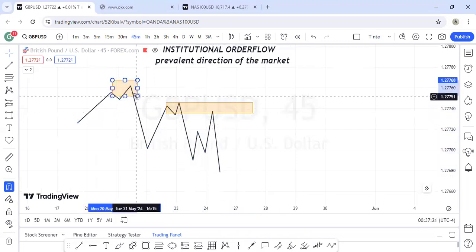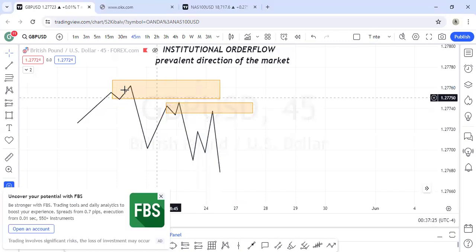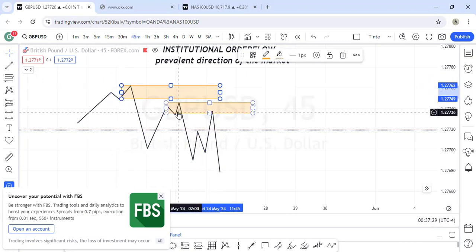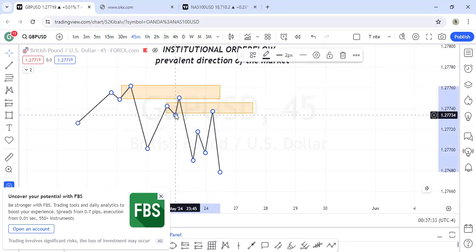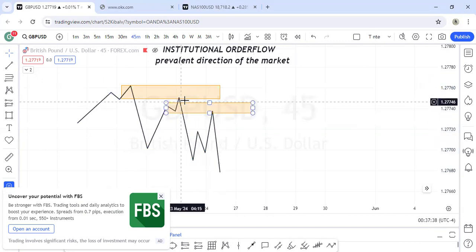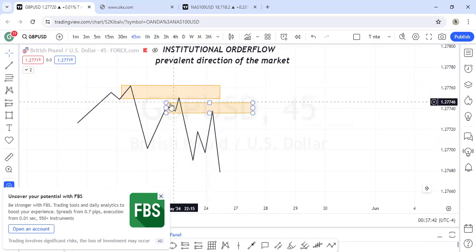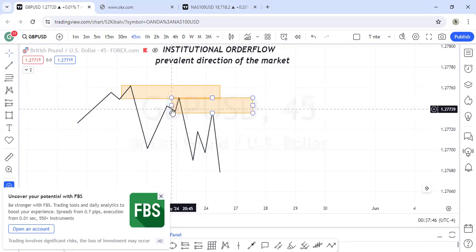They refer to it as a bullish or a bearish order flow. Sometimes it's not always mitigated. Let's make this nice. This is what our order flow looks like. You're looking at that last up push before the market makes a new low.